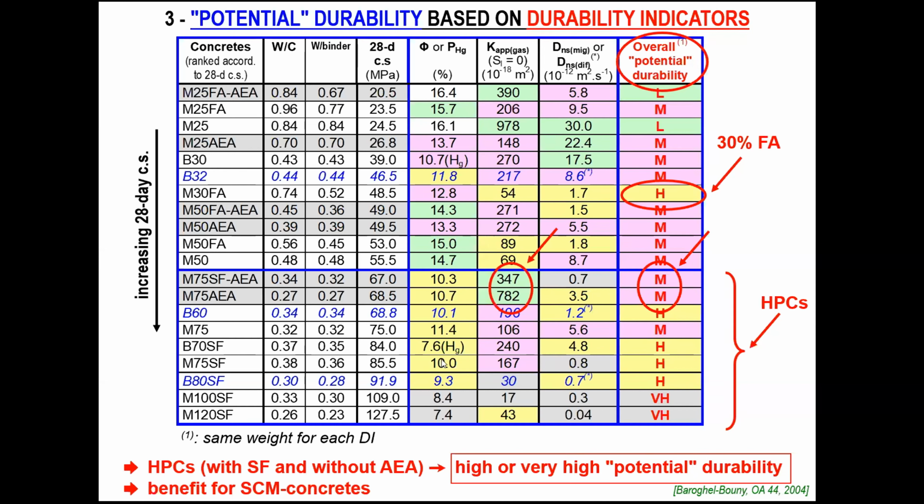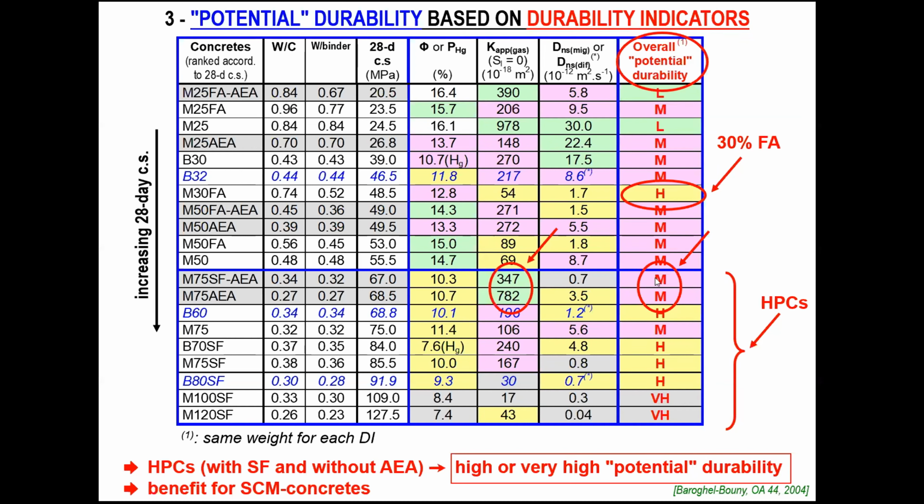And in this example, we select the same weight for each DI, but you can see that depending on all the parameters, you will have unexpected evaluation of the potential durability.